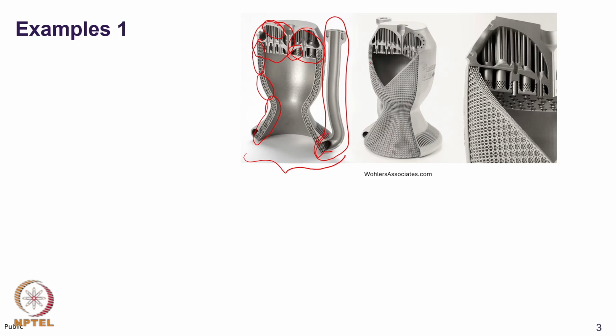We can have a finer lattice structure at the surface and a more coarse structure at the inner section of the geometry. We can have the thickness varying as per the need in different sections of the geometry. A closer-up figure of this structure is shown in the third figure.